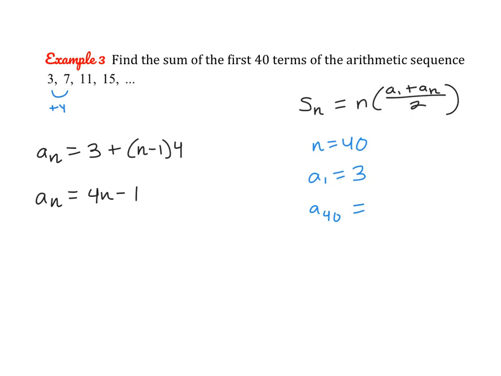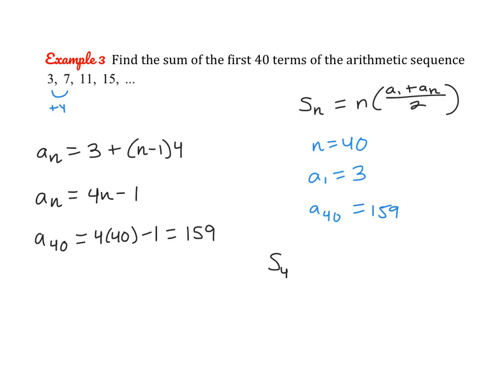And then we can really easily use this to help us find the 40th term of our sequence. So the 40th term would be 4 times 40 minus 1, which is 159. So that's a missing piece of information, and now we have everything we need to find our sum.